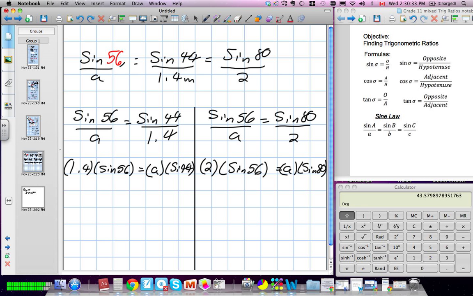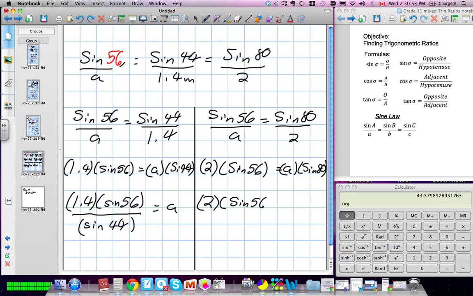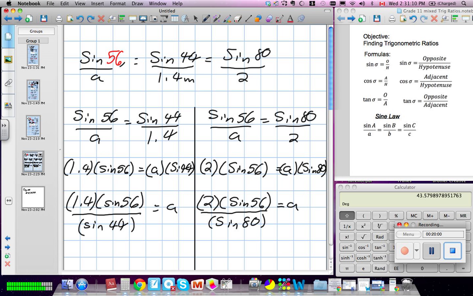When we bring the sine 44 over, good. When we equate both of those, we'll end up with the same answer. And I'm going to do it quickly on the calculator here. 1.67 and 1.67. A equals 1.67.